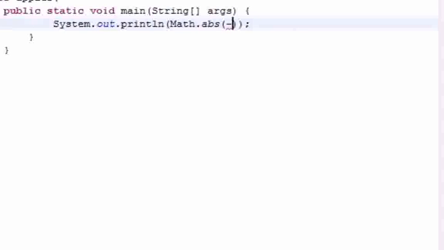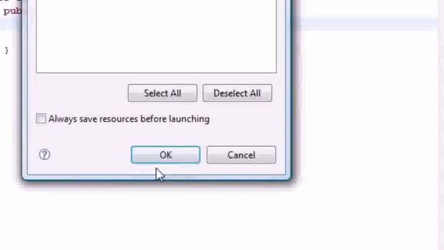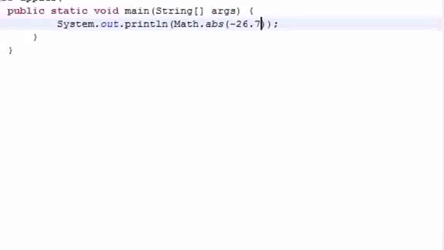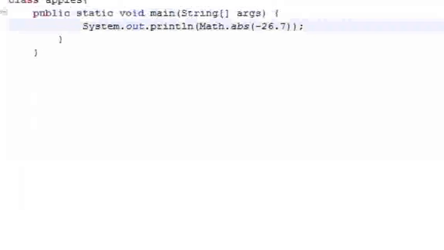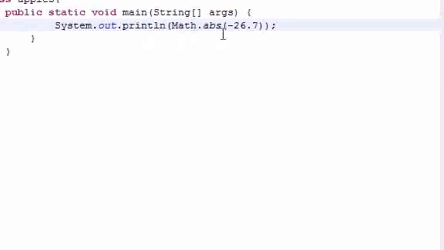So if you have 26.7 and you go ahead and run this, it would output 26.7. This is pretty much, if you have a positive 26, it would give you 26. If you have negative 26, it would give you 26. How much away from 0 that this is. So that's what ABS does, absolute value.